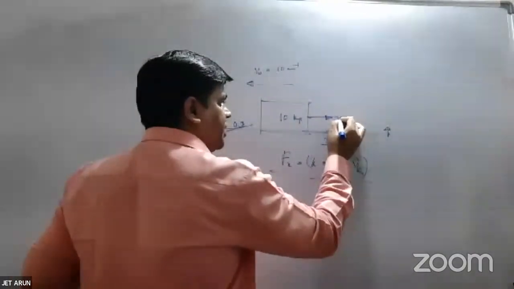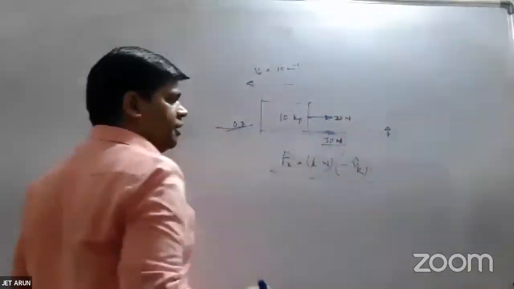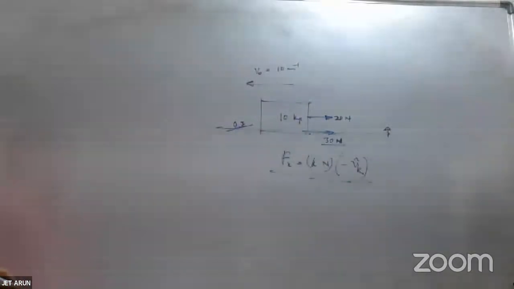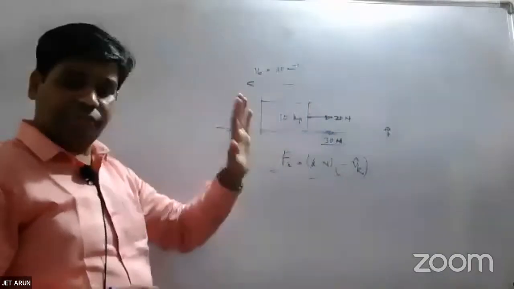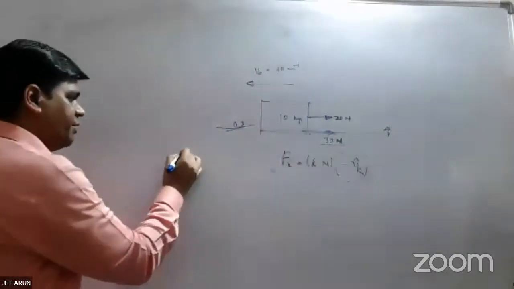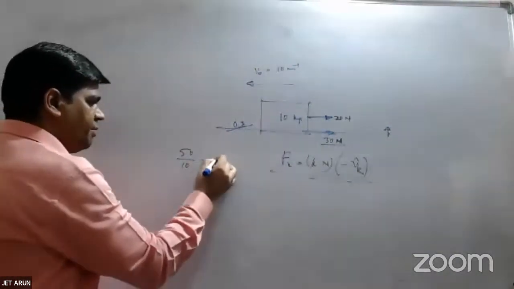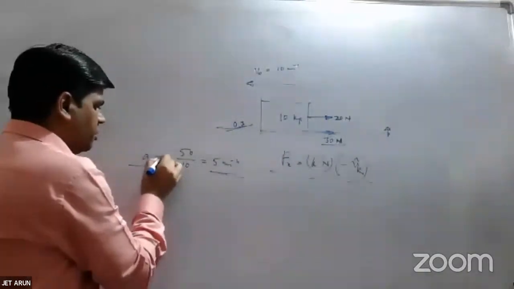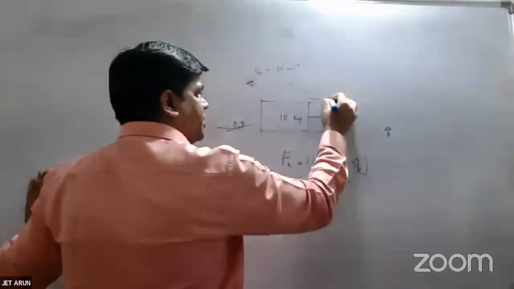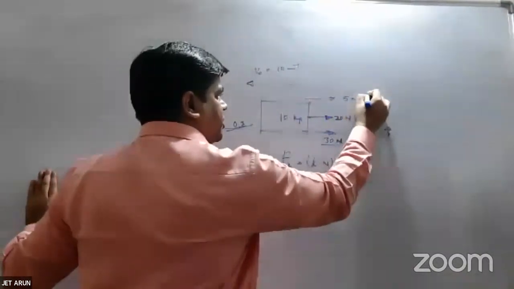Sorry, applied force 20. Simpler calculation. Friction is 30 towards right. So net force is 20 plus 30, 50. 50 by 10 is acceleration, which is 5 meters per second square, towards right.